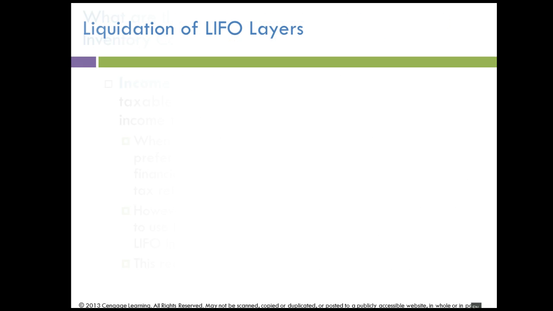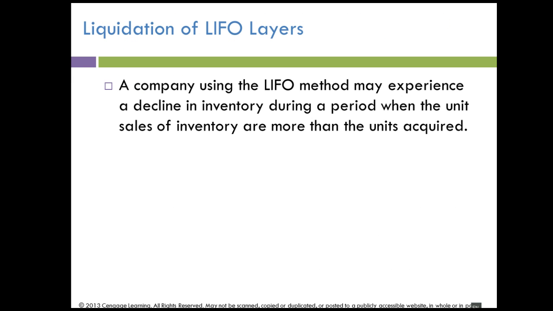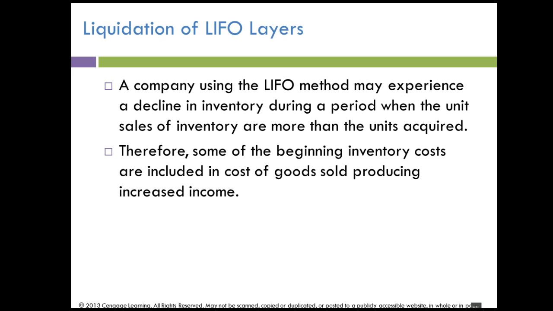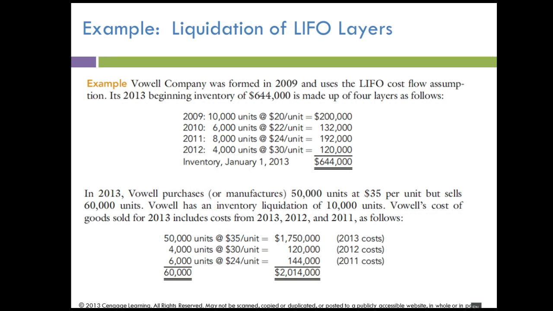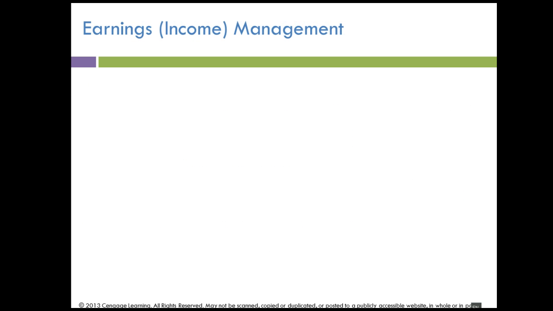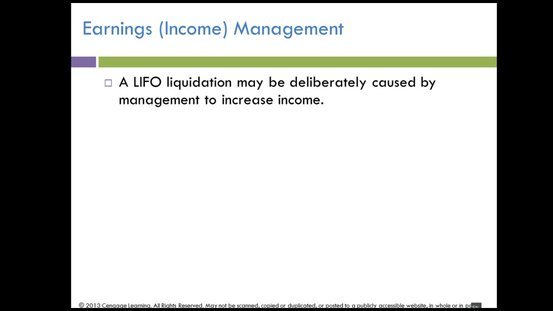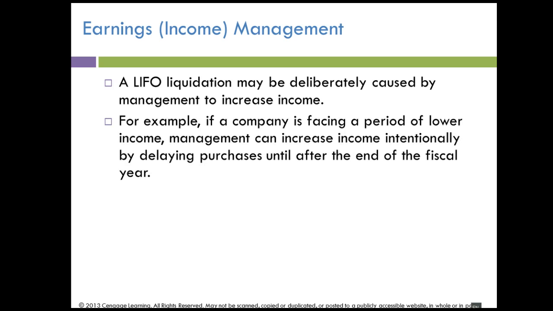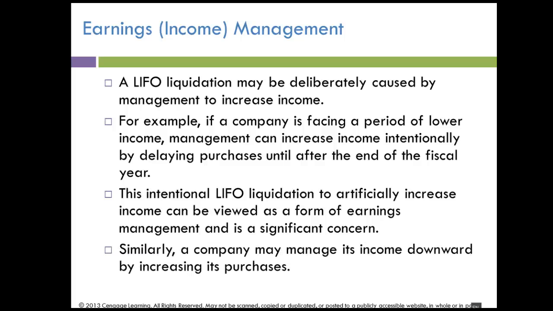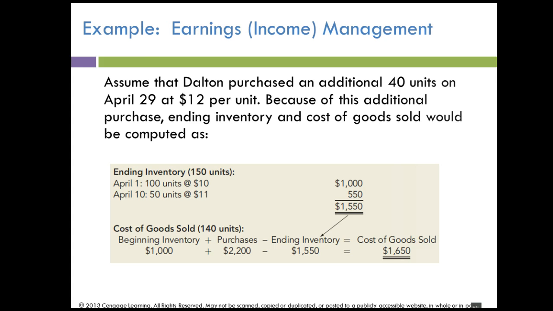I'm not going to talk about liquidation of LIFO layers. We're not going to cover that. But basically, as far as earnings management goes, sometimes LIFO liquidation happens because management wants to increase their income. That's the only thing I want you to know about that.